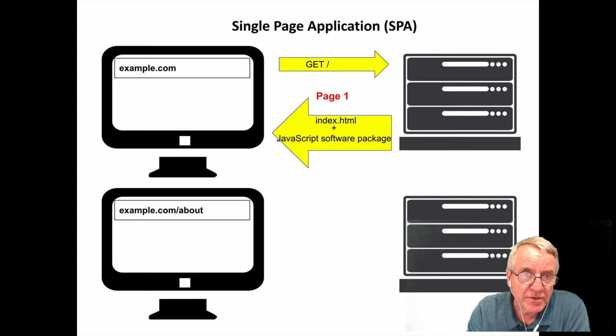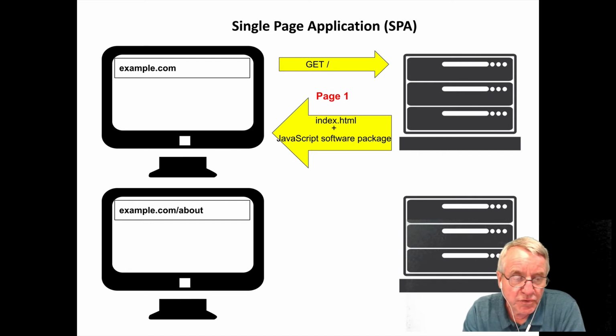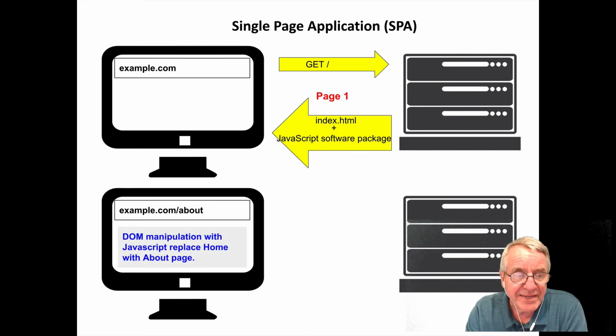And so now the continued routing to a different page, let's say to about, a second level here, does not send a request back to the server, but instead does that internally inside the DOM. What we call client-side routing is a pure manipulation of the document object model inside the HTML page.